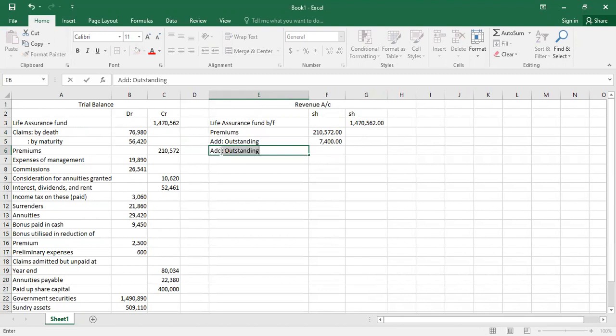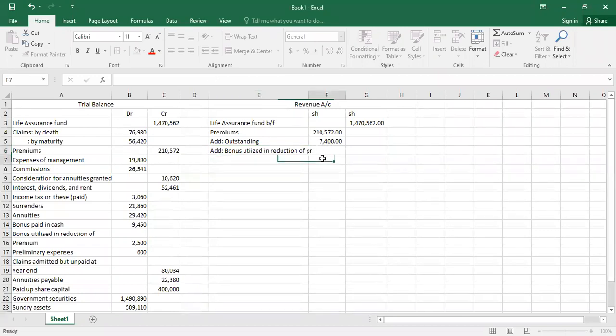So I'll add bonus utilized in reduction of premium. Let me just use PR.